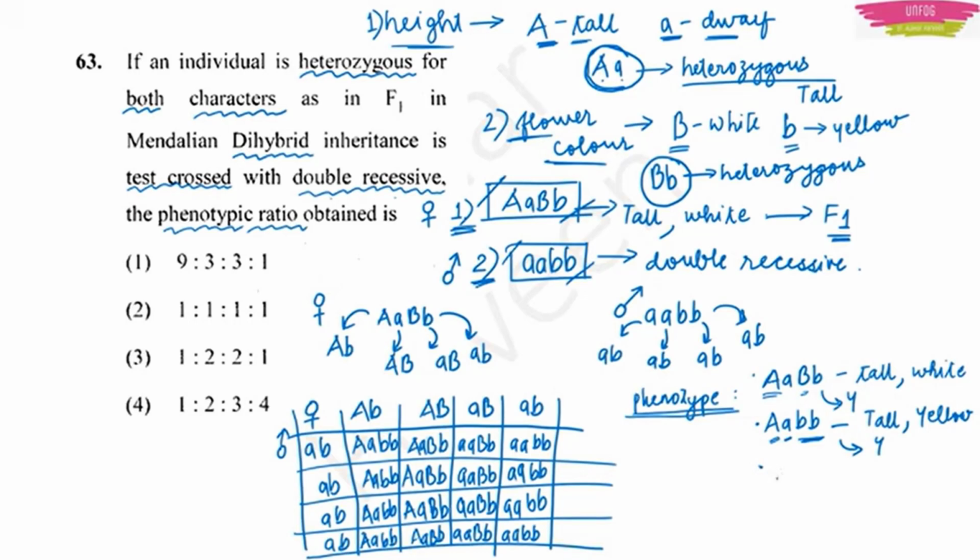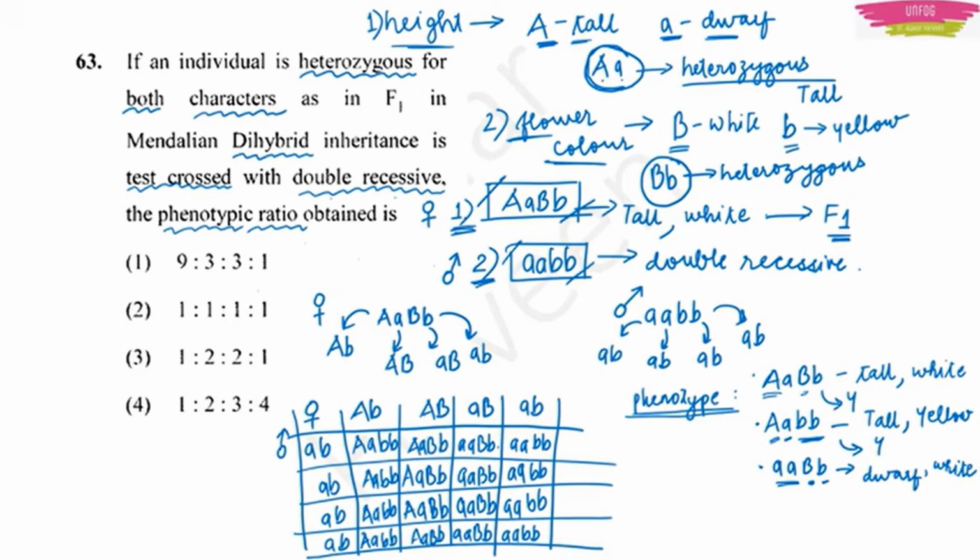Now next we have small a, capital B, small b. Here small a is present in the homozygous recessive form, so small a is for dwarf. And next one is capital B, small b. Capital B is a dominant character. It will dominate the recessive character and we will get white colored flowers.